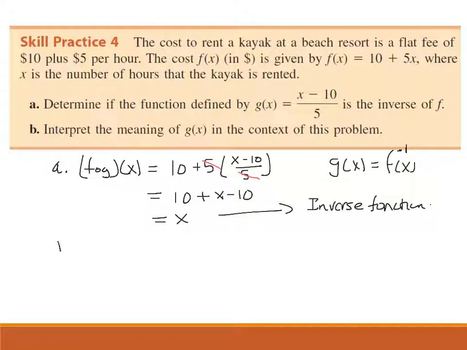So part B is, what is the meaning in the context? Well, if f of x is renting, then g of x is getting our money back for not renting.